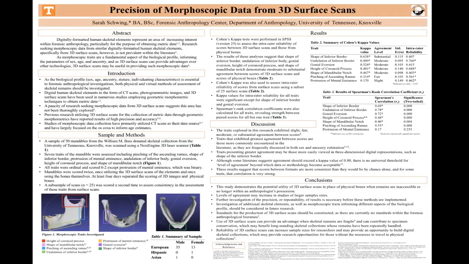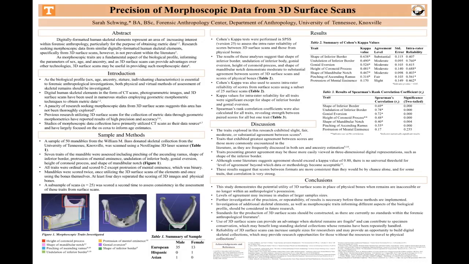Six of these 7 traits all had 3 different character states associated with them, meaning that each trait could be classified as one of 3 different forms, if you will. So let's take shape of the inferior border, for example, highlighted in dark green in that rightmost image.